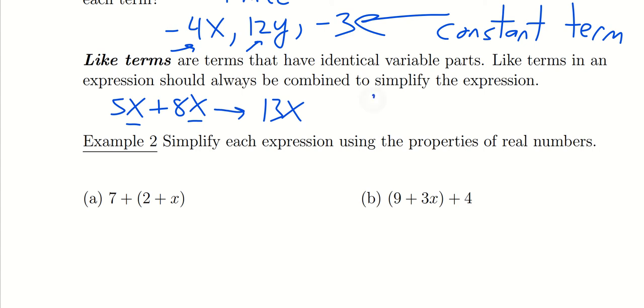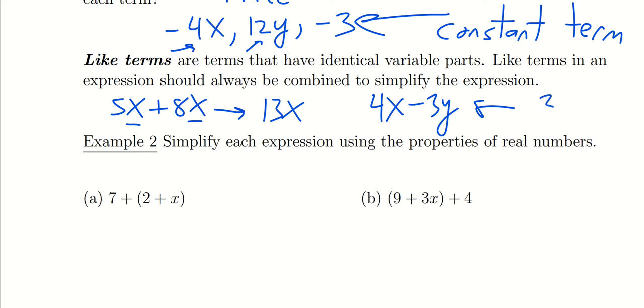If you look at something different, like 4x minus 3y, these 2 terms would not be like because one is an x term, the other is a y term. And because they have different variables, they're not like terms, so we would not be able to combine them.